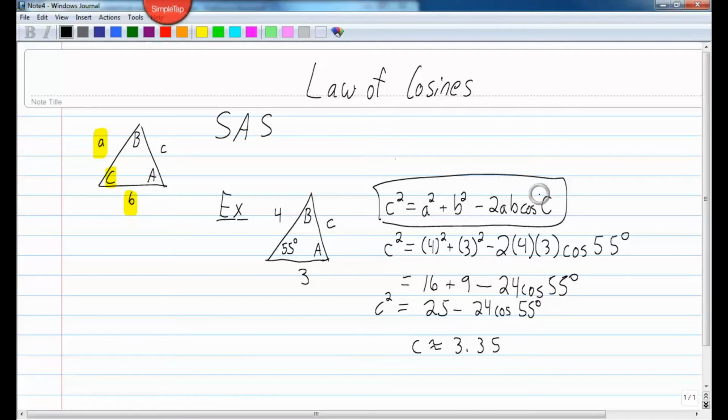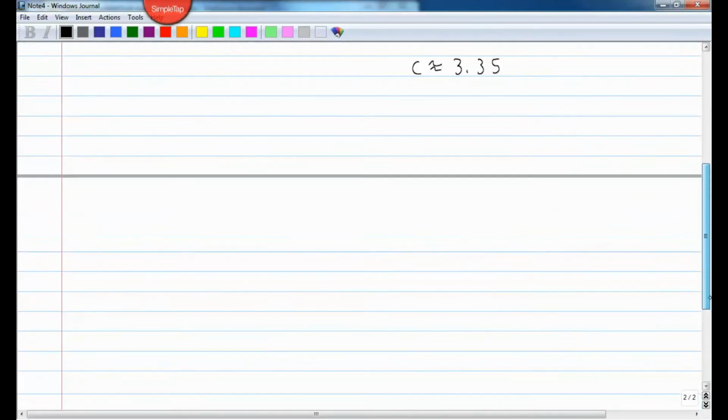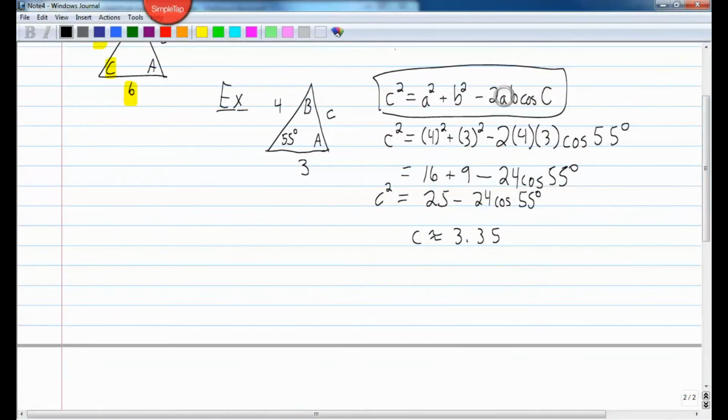I'm going to first move this term over to the left side of the equation so that I can make it positive. Then I'll have 2ab cosine of angle C plus c squared is equal to a squared plus b squared.